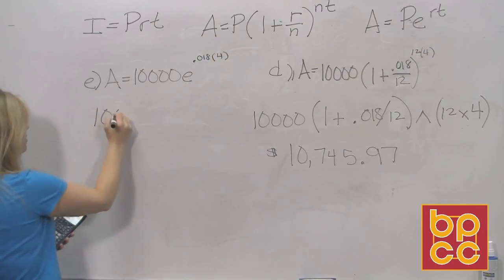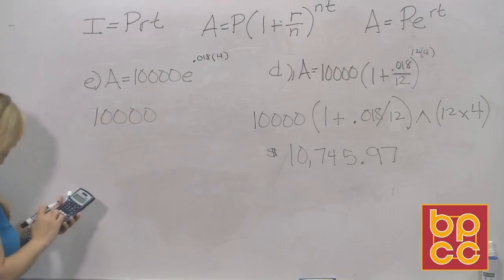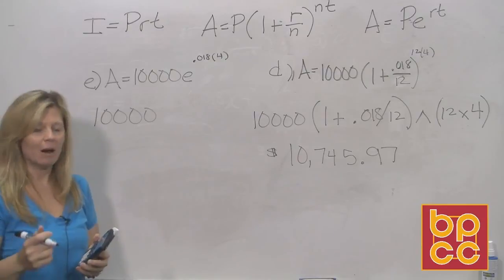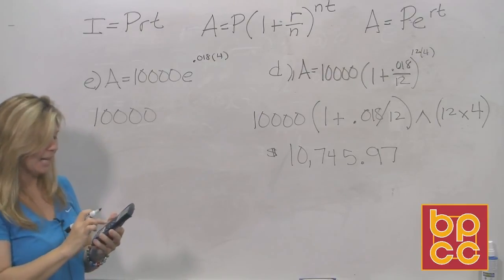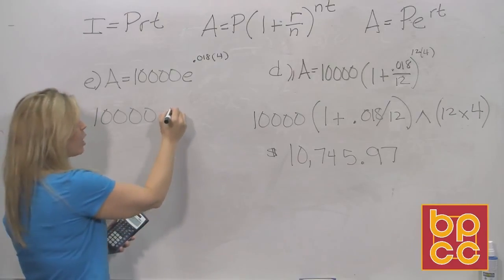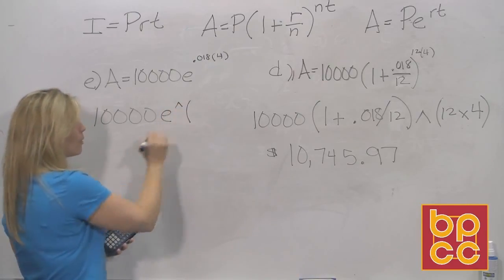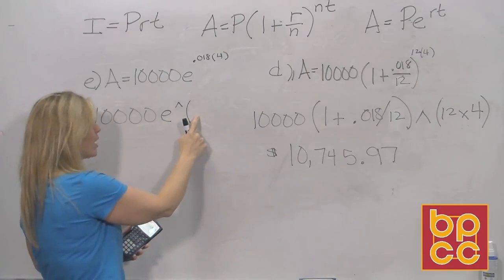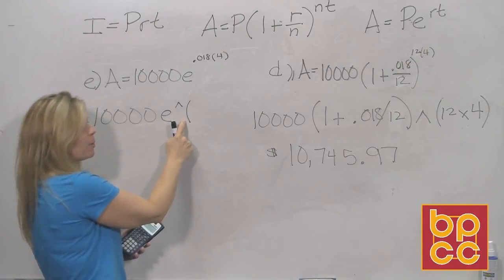So we type 10,000. Who remembers? How do we get the E on the screen? Very good. We hit second ln. That puts the E on the screen. As soon as the E goes on the screen, there goes a caret with a parentheses, because the calculator knows every time you hit E, you want its exponent. So it already put the parentheses.